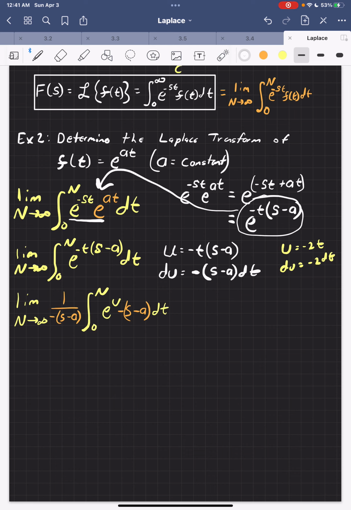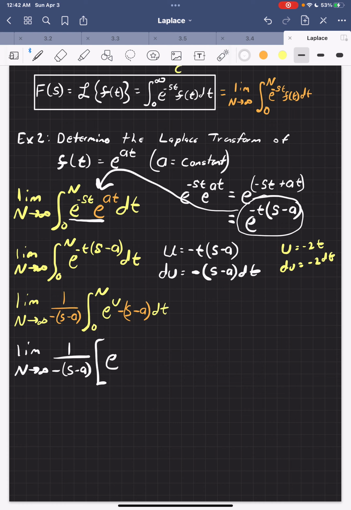If you integrate e to the u, it's just e to the u, and then I'm going to back substitute. So that leaves me with the limit with n going to positive infinity, 1 over negative s minus a. And now I'm going to go ahead and integrate that, and I'm going to back substitute.